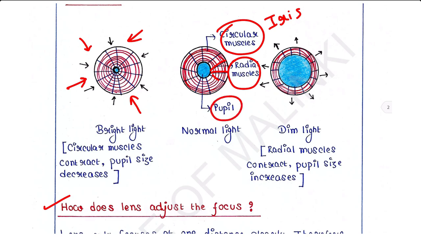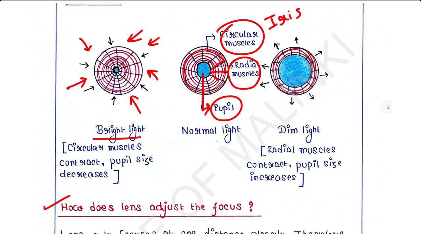The blue one is the pupil, you can see, and the size of the pupil gets decreased. When the circular muscles are contracted, the pupil becomes very small. Therefore, at that time, a very low amount of light will enter the eye.